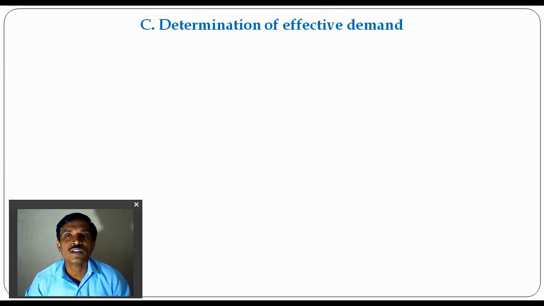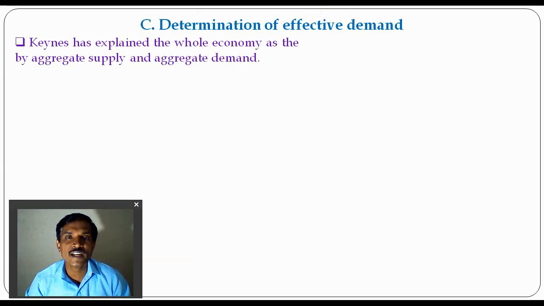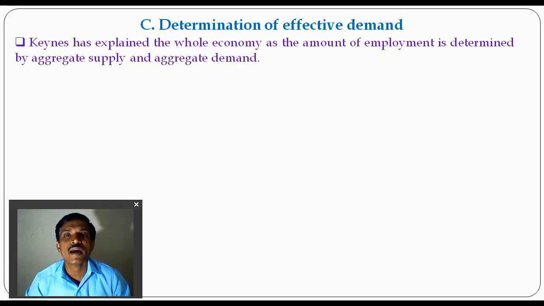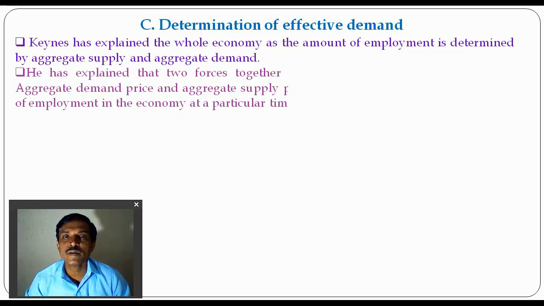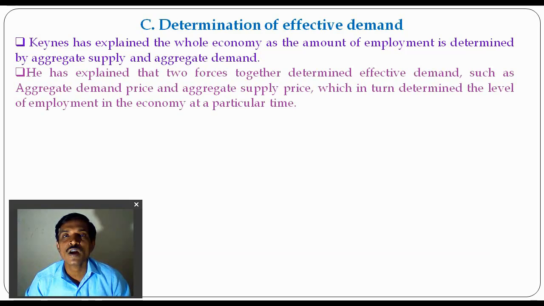Determination of effective demand. To explain the whole economy, the amount of employment is determined by the aggregate supply and the aggregate demand, and he explained that two forces decide the effective demand: the aggregate demand price and the aggregate supply price, which determine the level of employment in the economy at a particular time.